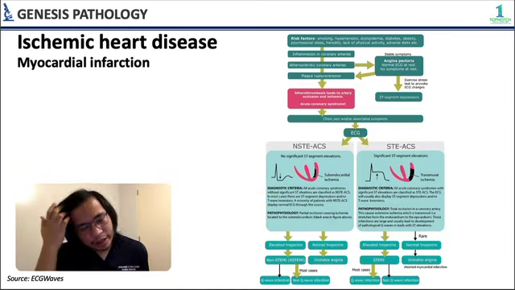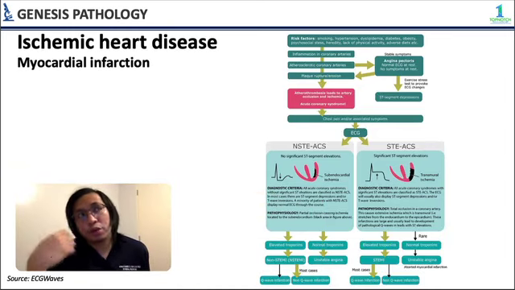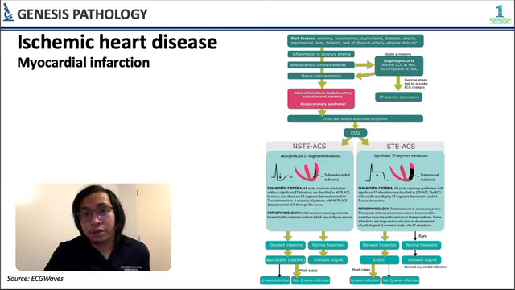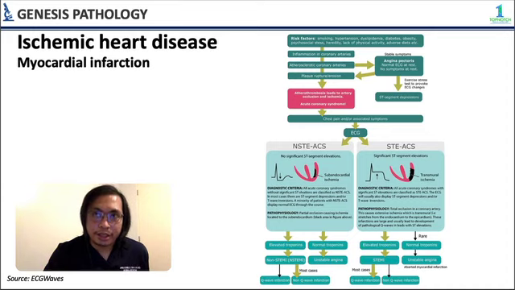So, ito yung sinasabi ko na mas gusto kong classification for ischemic heart disease. So, ischemic heart disease, you can classify that into chronic coronary syndrome and acute coronary syndromes.